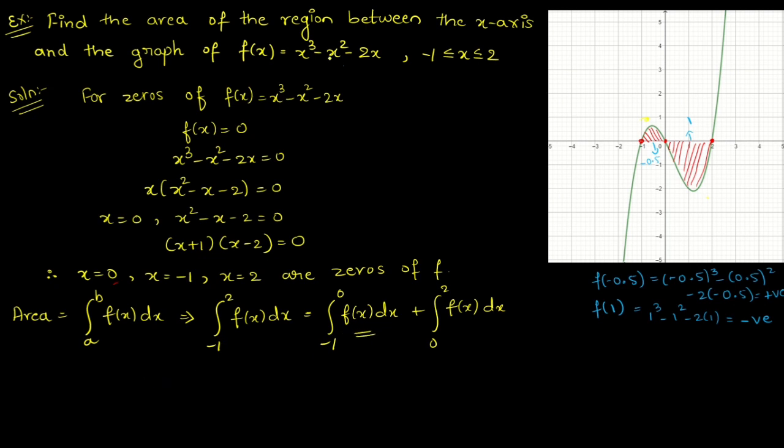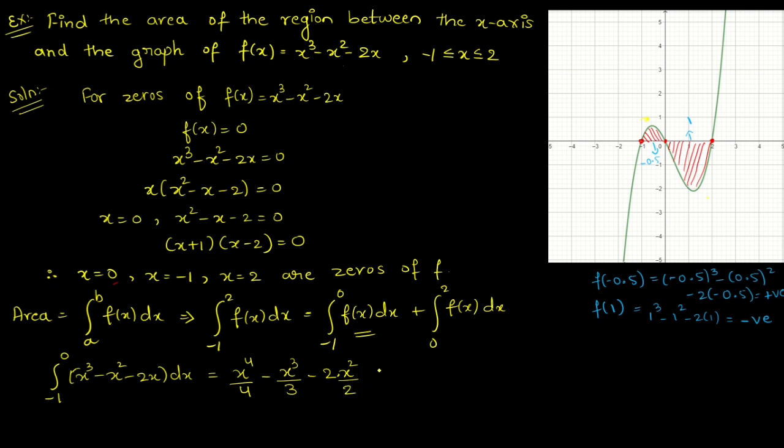So finding the first integral now. We know the f of x value, so we are just going to put it in. Integral minus 1 to 0 of x cube minus x square minus 2x dx. If you integrate this, x cube changes to x power 4 by 4, x square will be x cube by 3, and 2x will be 2 times x square over 2.